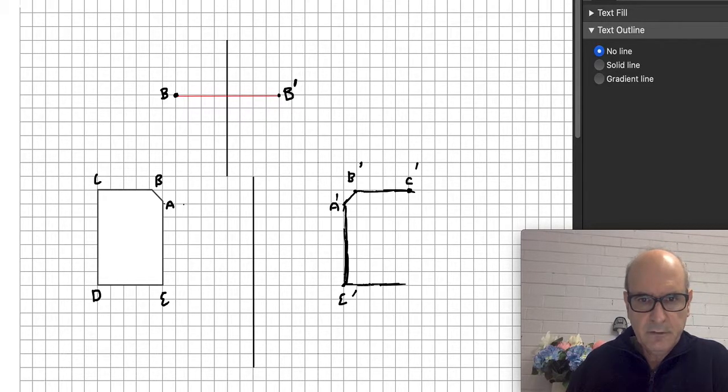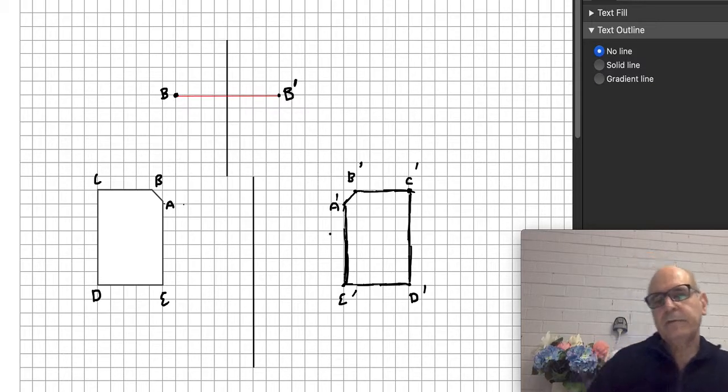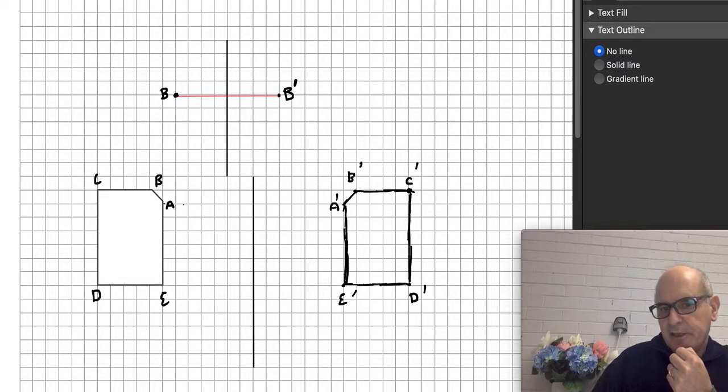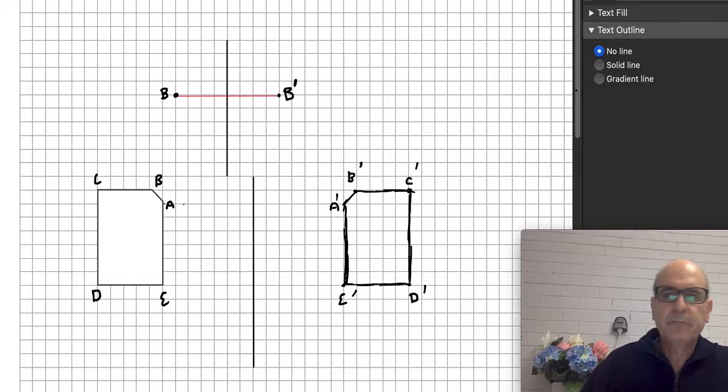So 1, 2, 3, 4, 5. That becomes D dash. And then we connect them. That is the reflection of A dash, B dash, C dash, D dash, E dash, the reflection of A, B, C, D, E in this line. All right.